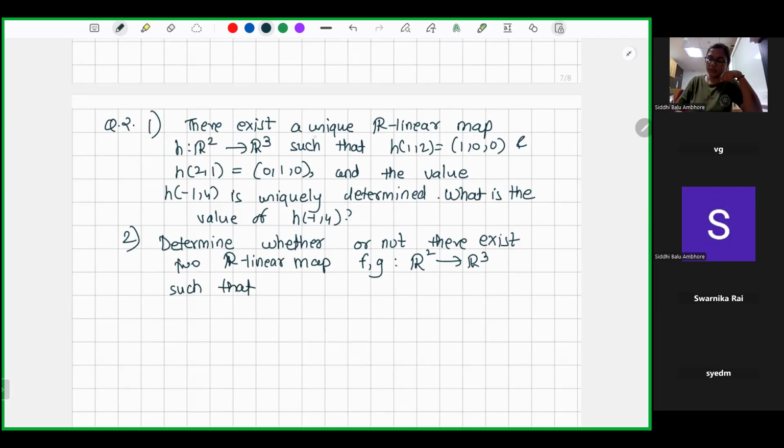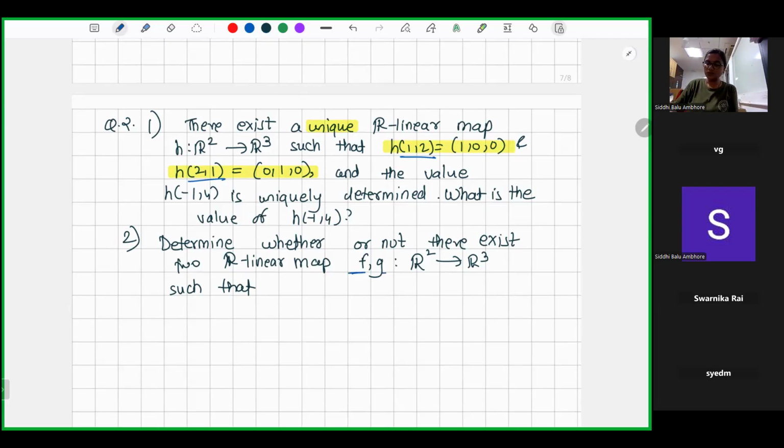This uniqueness is because of this thing. Because this is my basis, and on the basis I have defined the function. I know the image on the basis. That's why I know the uniqueness of that map. Okay, and here it is completely different.